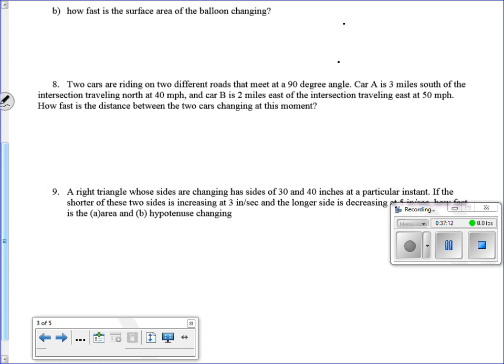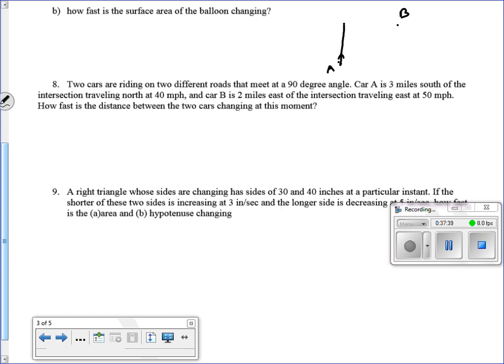So car A is down here, but it's traveling north. So let's just first label this. So here's car A, and then car B is 2 miles east of the intersection. So car B is over here. And car A is 3 miles south, traveling north, so it's traveling in that direction.